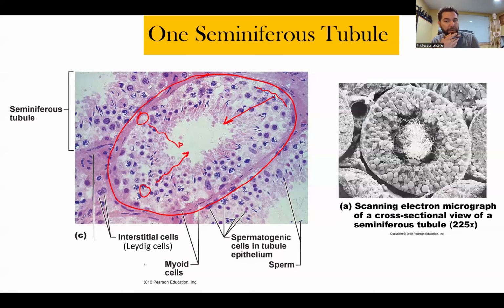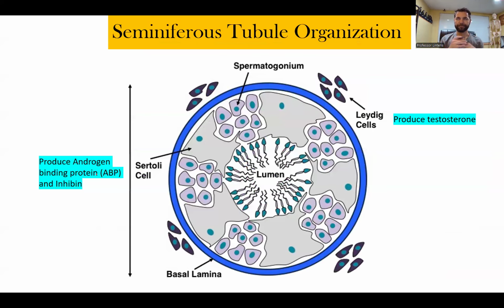So from the first cells, which are going to be out here, to the actual sperm, which will be inside, is a process called spermatogenesis. Out here, we can see these interstitial cells. And this is a simplified version. The next picture, I think, goes into more detail. We know that the Leydig cells make testosterone.